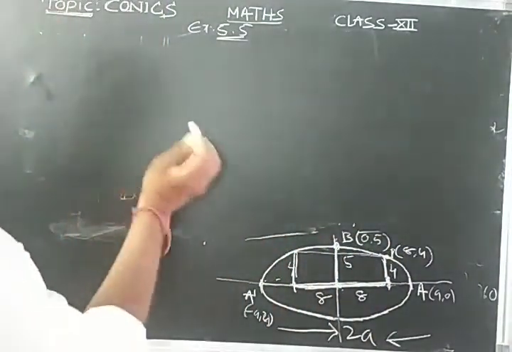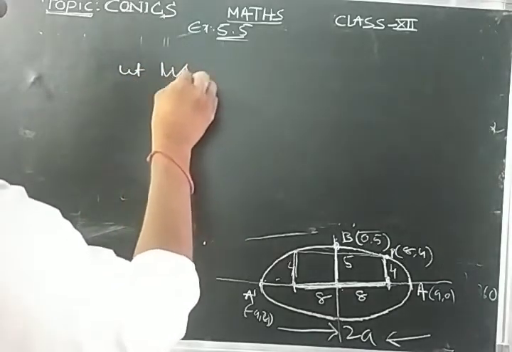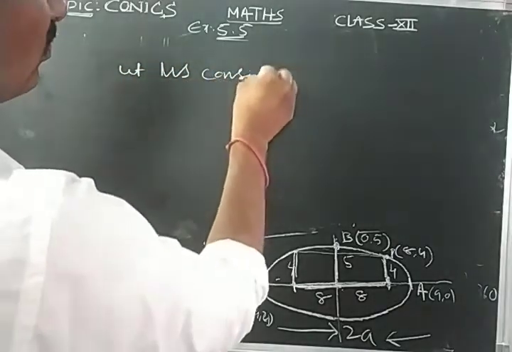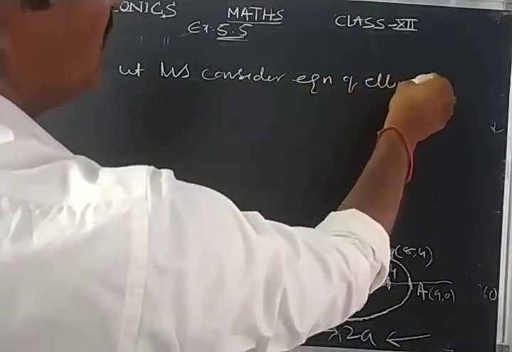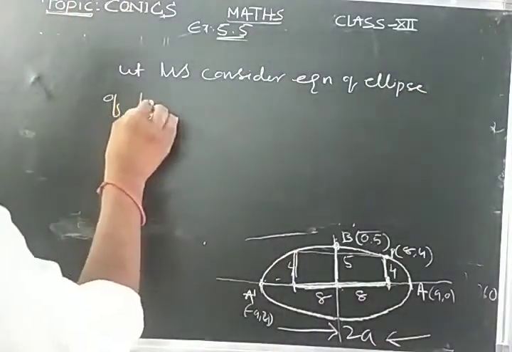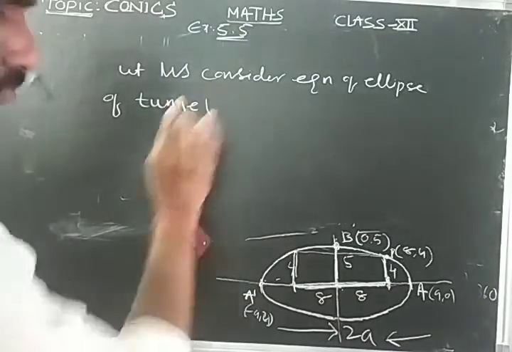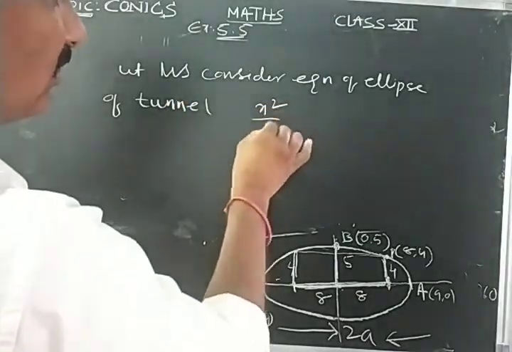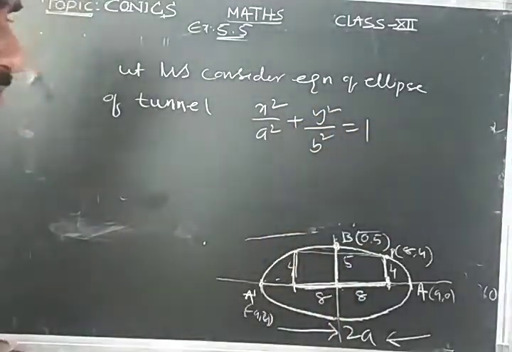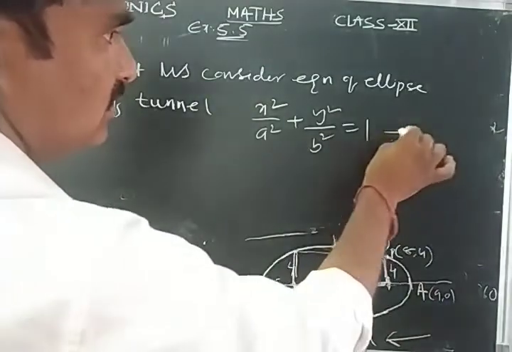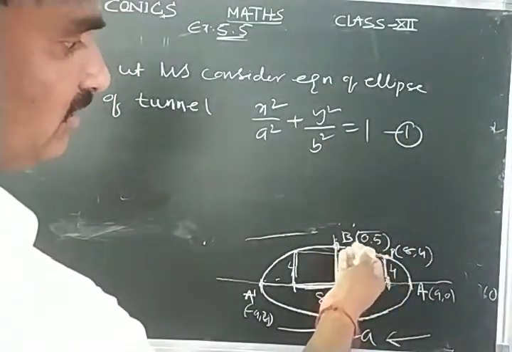Let us consider the equation of the ellipse of the tunnel: x square by a square plus y square by b square is equal to 1. This is the elliptical shape equation.